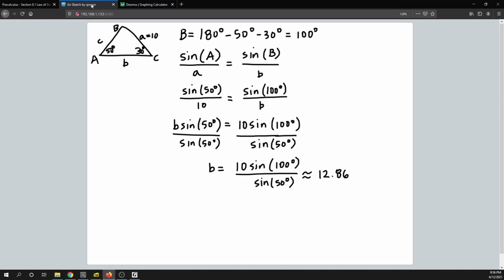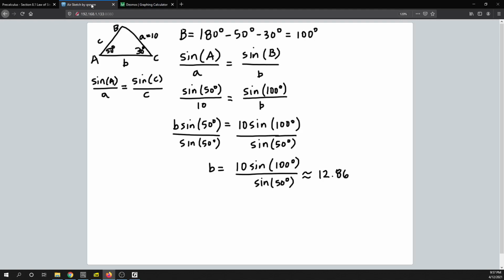And I didn't leave myself a whole lot of room, so hopefully I'll be able to put it in over here. So we're going to make that same calculation, sine A over a equals sine C this time, sine of the angle C over the side c.